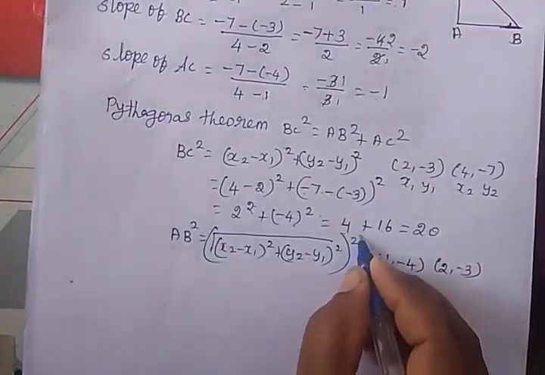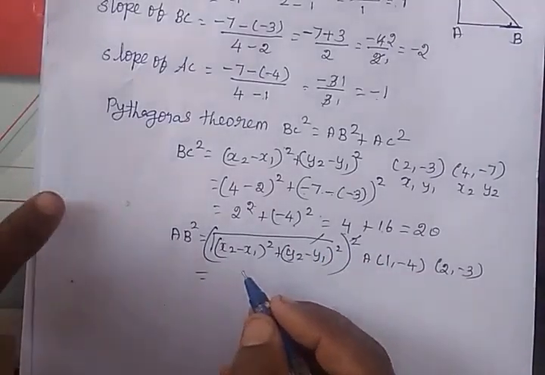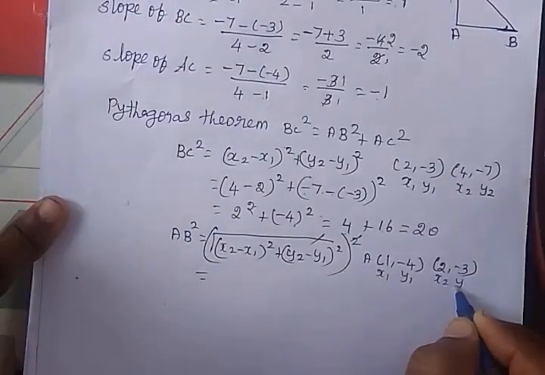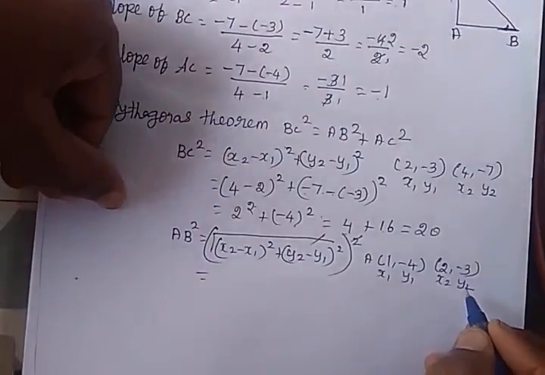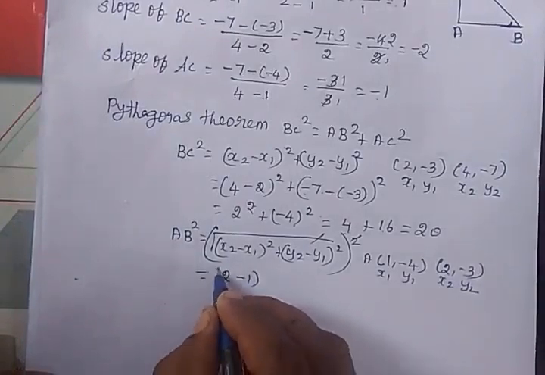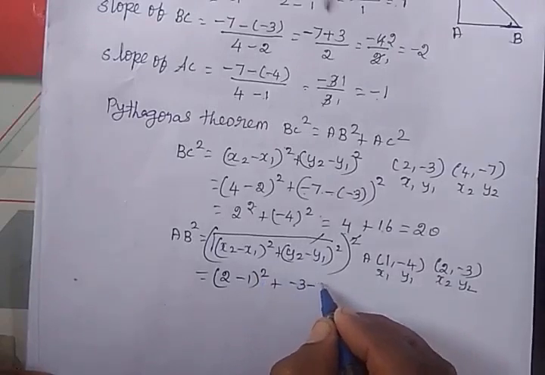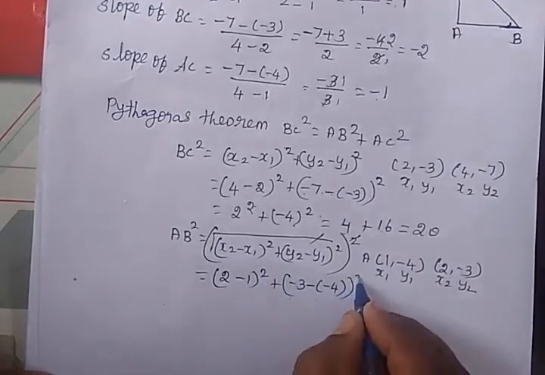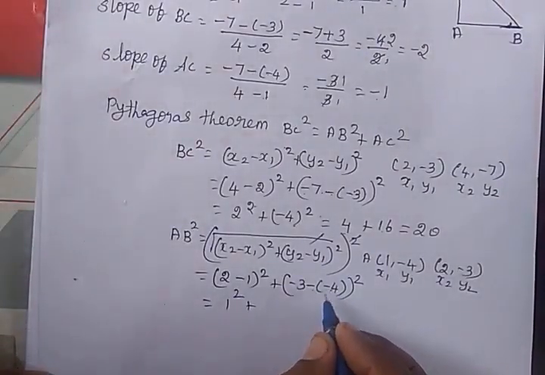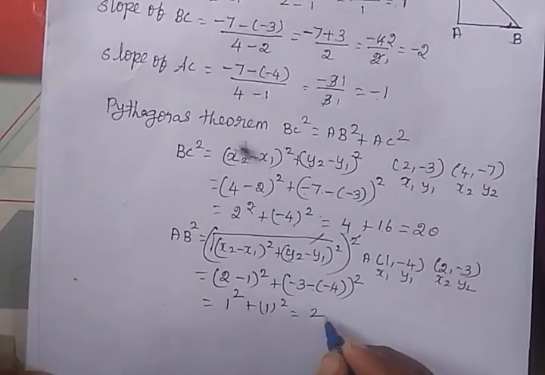Here x2 is 2, x1 is 1, the whole square; y2 is -3, y1 is -4, the whole square. So that is 2 minus 1 the whole square, 1 squared, and -3 plus 4, that is plus 1 the whole square. So 1 squared plus 1 squared is 2.